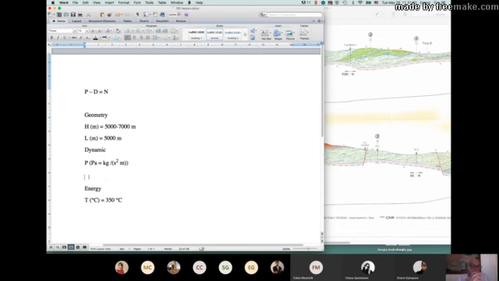Natural force. Gravity, right? So I will add the acceleration of gravity, g, and gravity is an acceleration, so it will be meters per second squared.